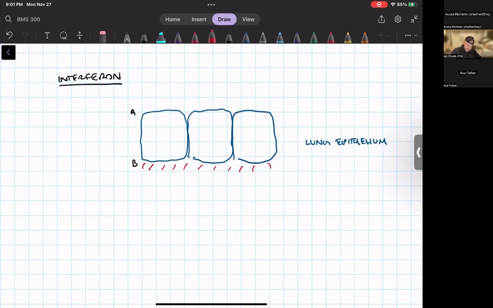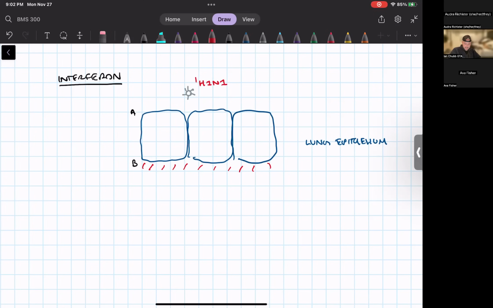So when a virus comes in, here's my virus. Let's say this is H1N1. So this actually tells you exactly kind of what it is. So I hate this word because I can never say it. Hemagglutinin is going to be the required one for entry.